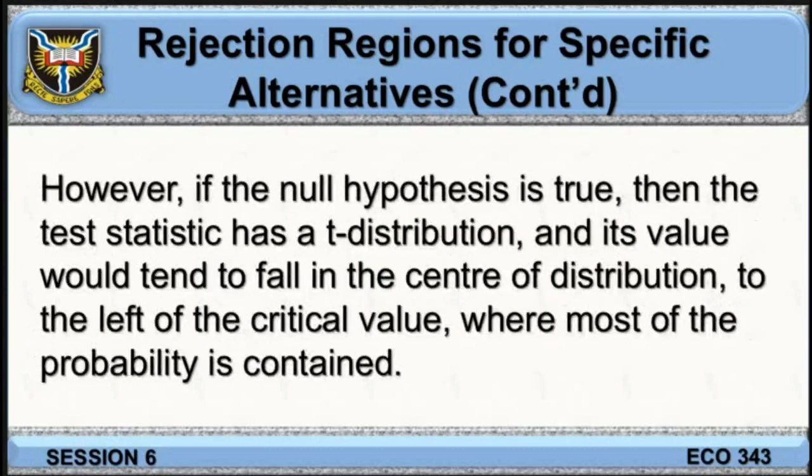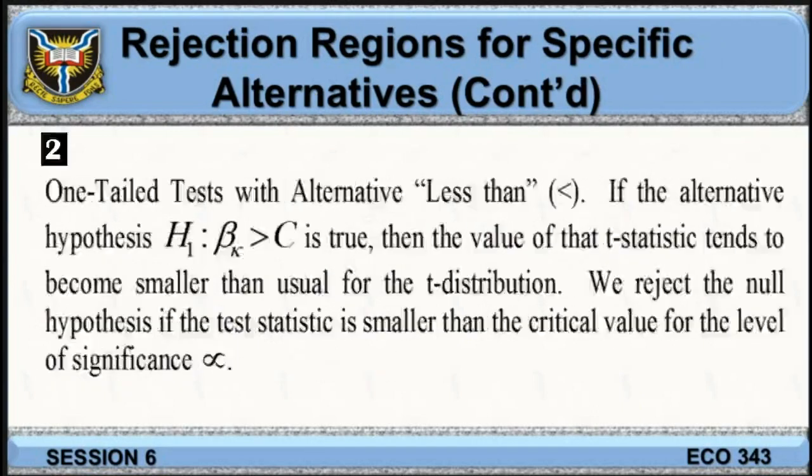However, if the null hypothesis is true, then the test statistic has a t distribution and its value would tend to fall in the center of the distribution, to the left of the critical value, where most of the probability is contained.